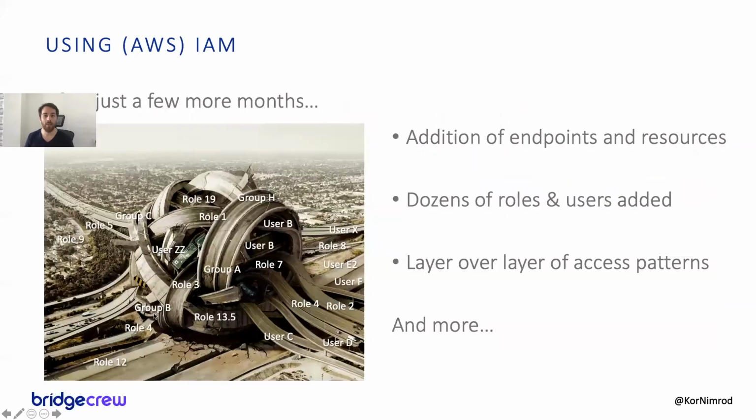And as you add more endpoints, more resources, more AWS services, over time you won't be able to recognize your own IAM setup, right? Stuff you created, like the users and the roles, will be mixed up with entities created by other employees in your company, or even implicitly by AWS. No one goes through them and deletes them once they're done.